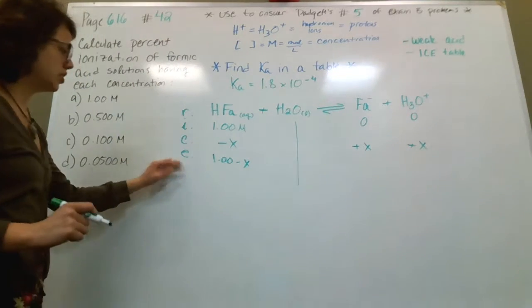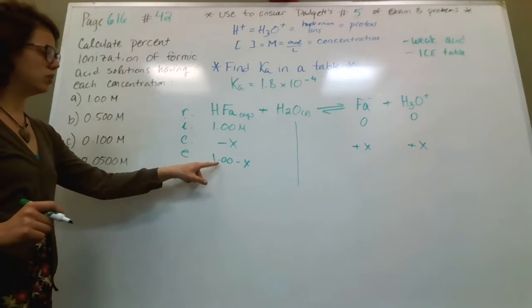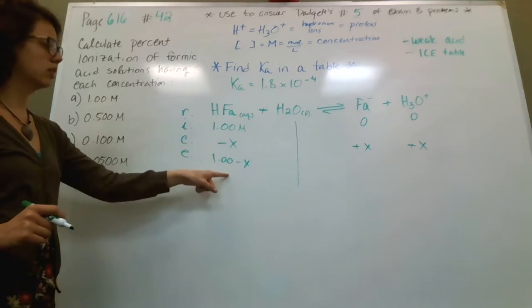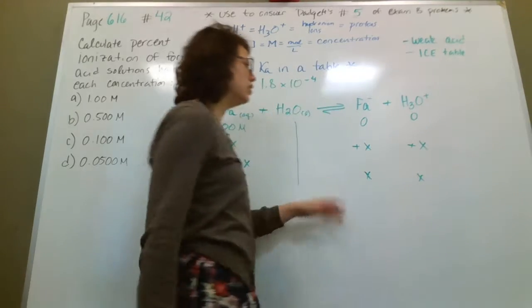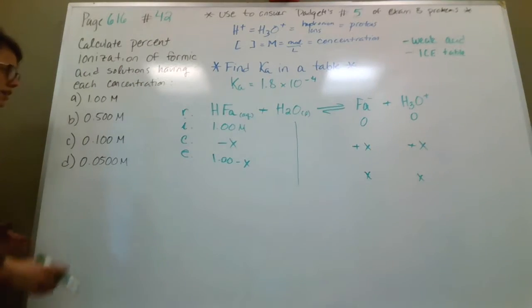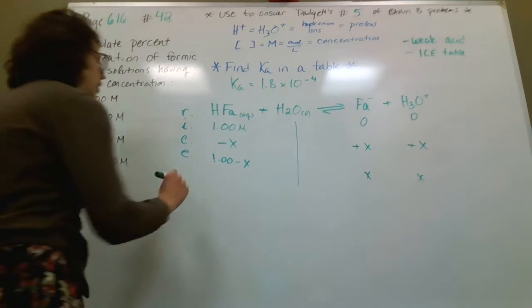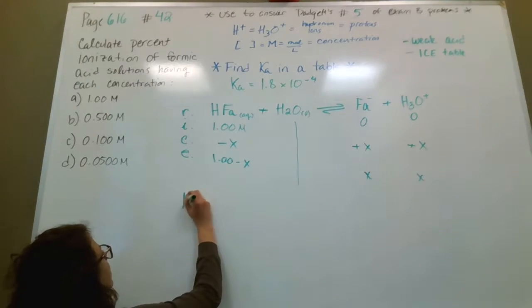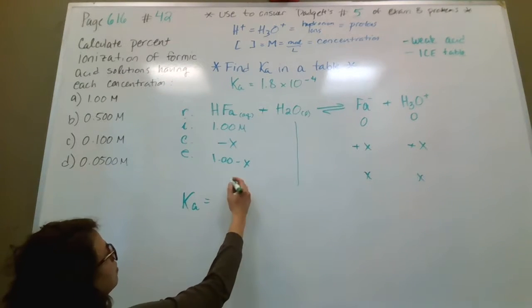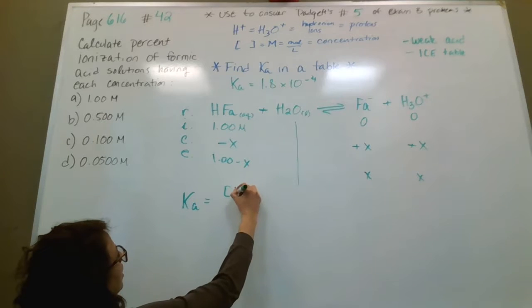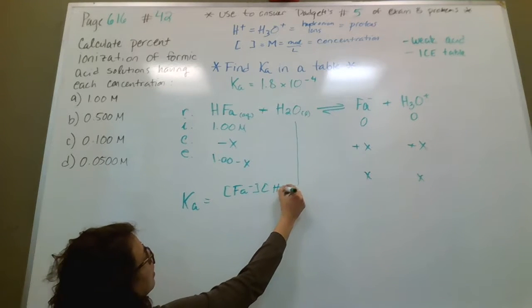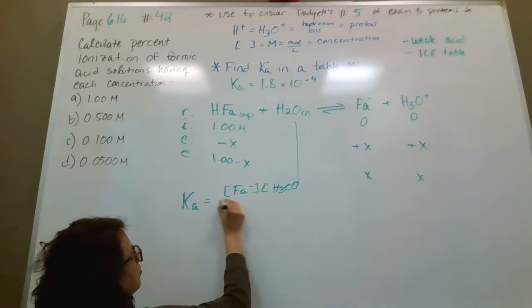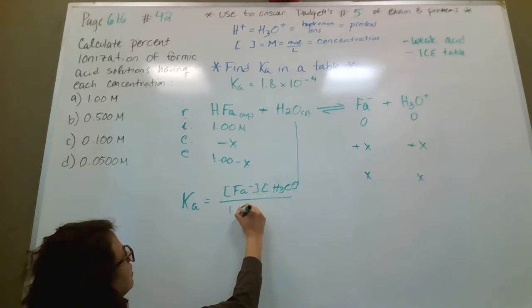So our equilibrium expression is 1 minus X, X, X. We can use this table to make a mass action expression. So our mass action expression is going to be Ka equals our products, which is H3O plus times FA minus, over our reactants.